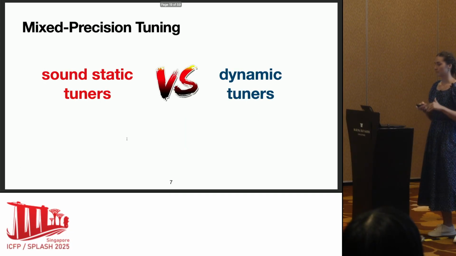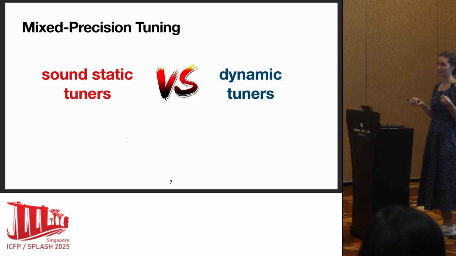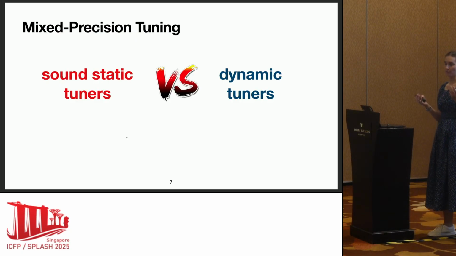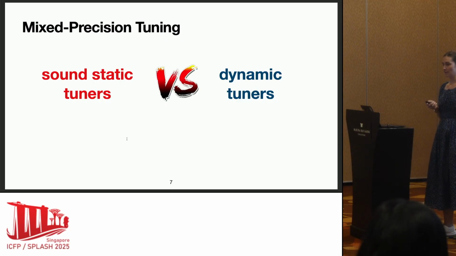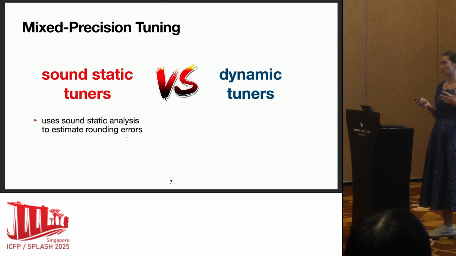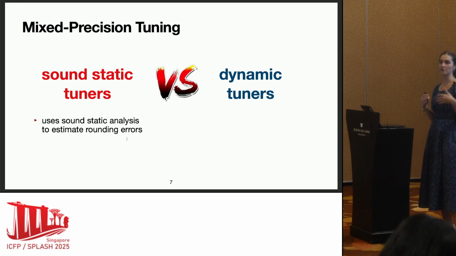The tuners that do such optimizations can be classified in two big conceptually different groups that differ based on how they estimate accuracy of the generated programs. On one side, you have sound static tuners that use sound static analysis to compute the worst case rounding errors of a program.